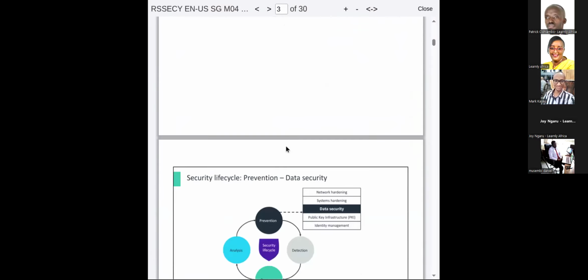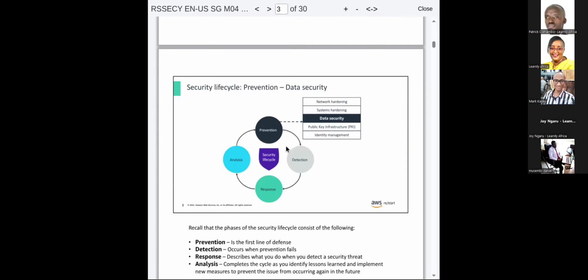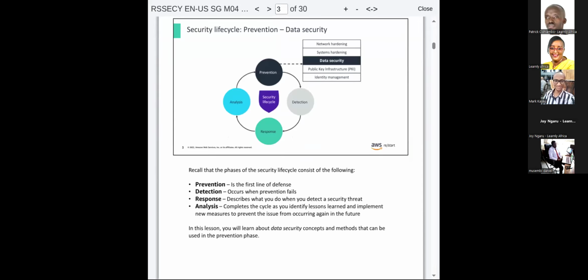We are also going to learn about cryptography, encryption, hashing, and giving permissions to people who can access our data, as we proceed on security. Security is a bit long, but let's go ahead and learn.